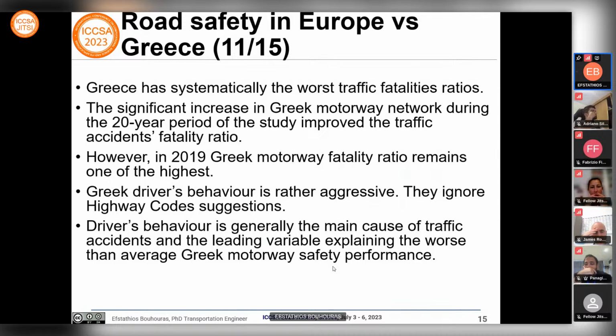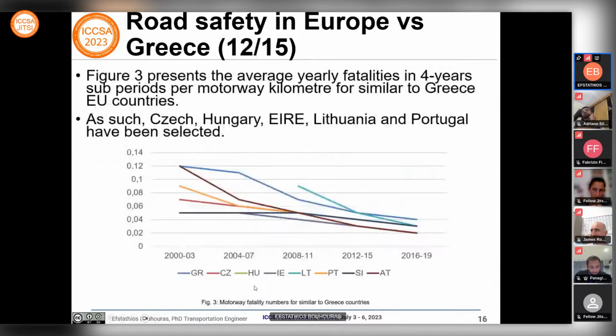The next step for Greek society is to train the youth on how not to do all these bad things, improve their behavior and try to be better drivers. There are many projects going on at the moment, and I think we understood that it's not just the infrastructure, it's also the drivers' behavior.